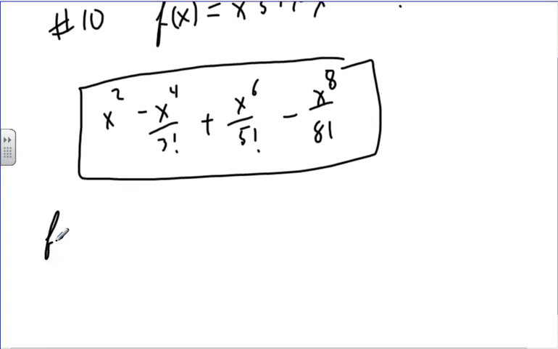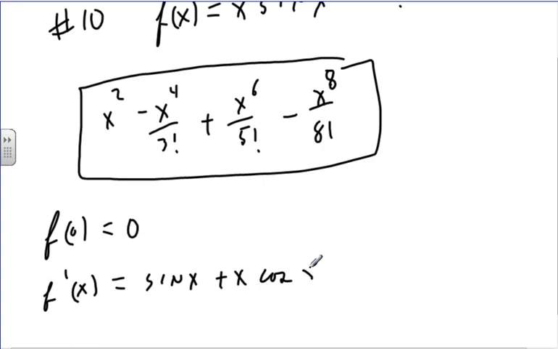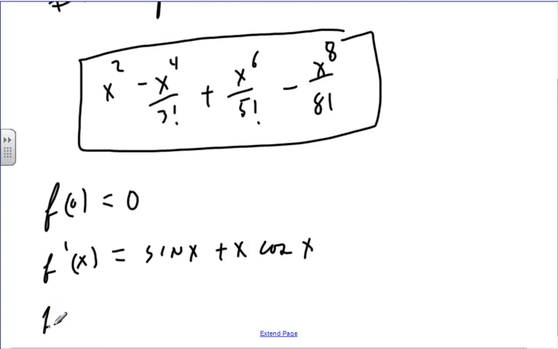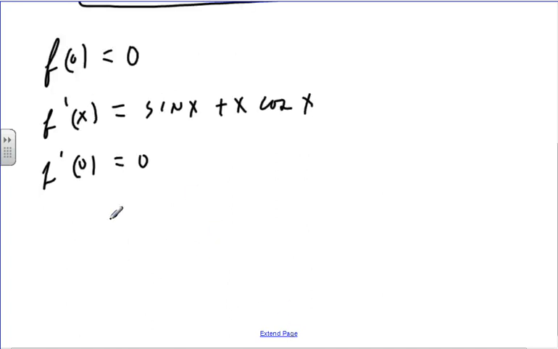So I'm going to find f at 0, which is going to be 0, and then I'm going to find f prime of x, which is going to be sine x plus x cosine x, and f prime at 0 is 0. Well, that's good because I don't have a unit term and I don't have an x term. So to have both of those be 0 is okay.